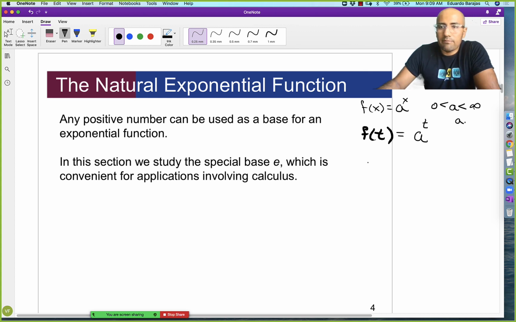However, we also skip the number 1, just because it's boring to have 1 to the x power. But it could be any real number at all, right? That's what they're referring to here: any positive number except 1 is considered to be the base of this exponential function.